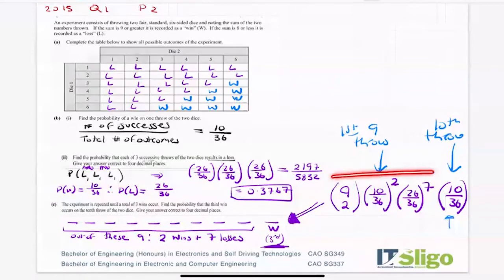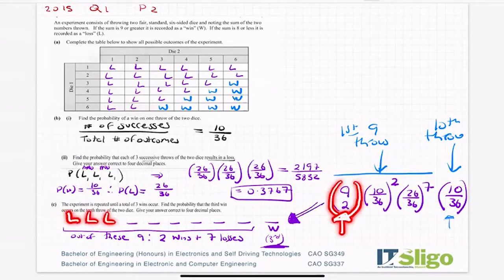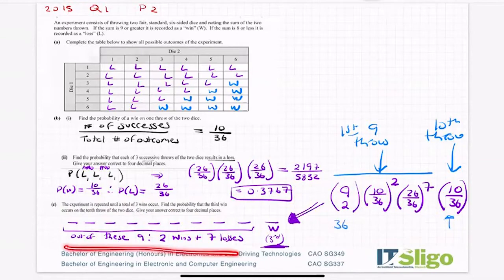This piece here takes care of all the different ways I can have 7 L's and 2 W's. Okay, so if I go into my calculator 9, choose 2, the choose there being beside the divide sign, you will see that I actually get 36 different ways I can write 7 L's and 2 W's. So 36 different ways.